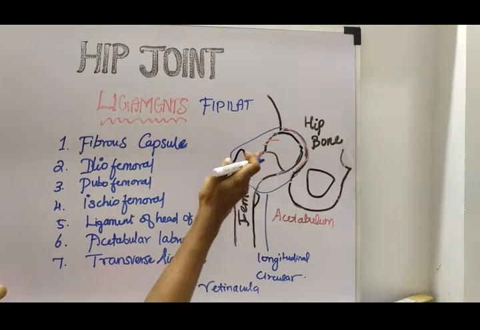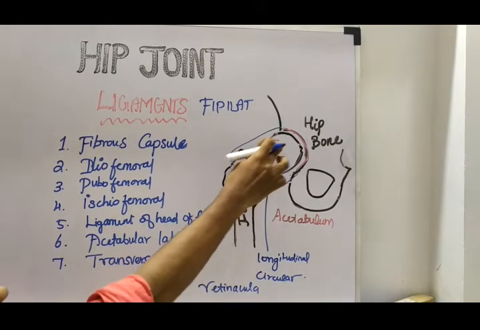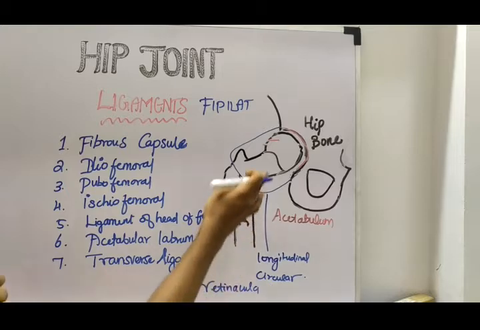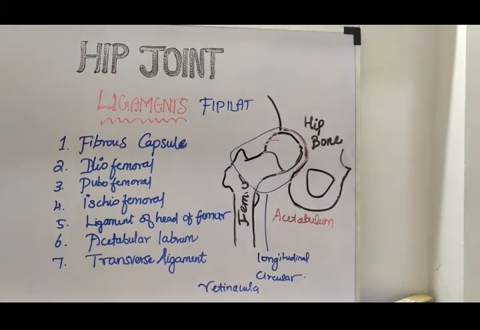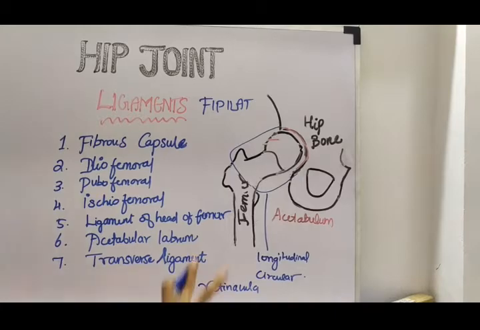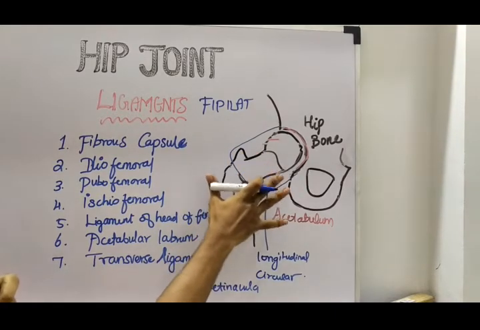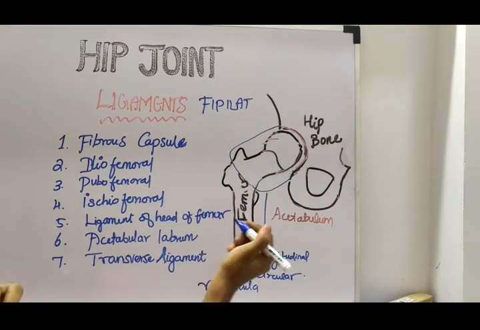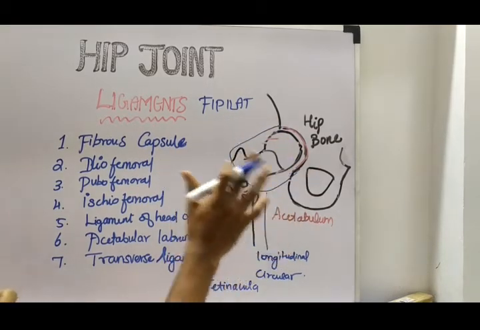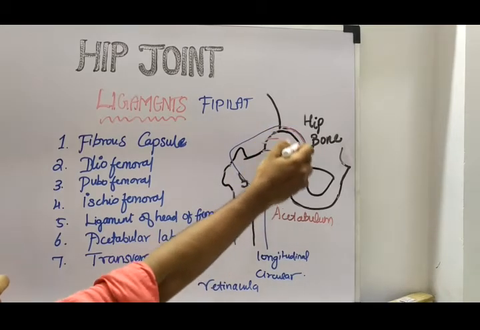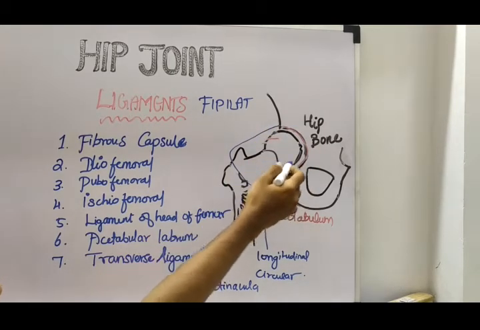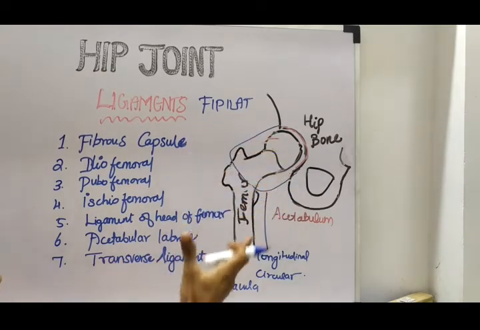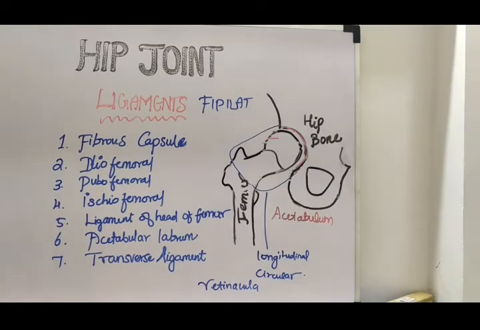Important blood vessels supplying the head and neck of the femur pass along the retinacula of the capsule, and the synovial membrane lines the capsule. As you know, synovial fluid is present in the joint. So the capsule attaches from the acetabulum, the transverse ligament, and to the intertrochanteric line of the femur. It covers the joint entirely, protects it and gives stability to the joint.